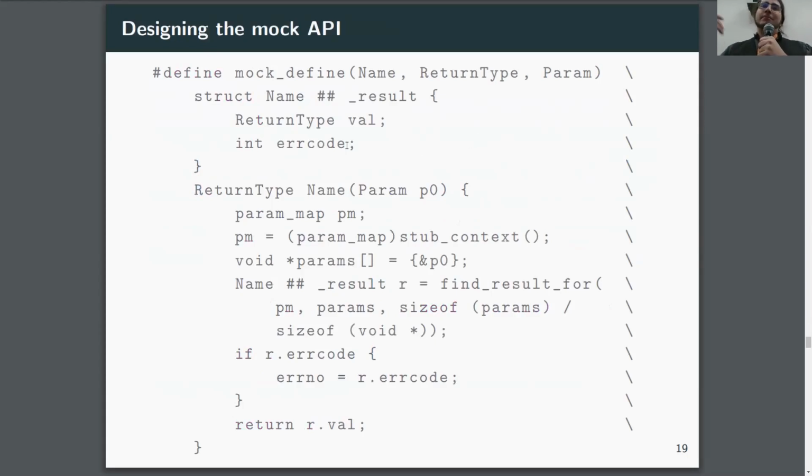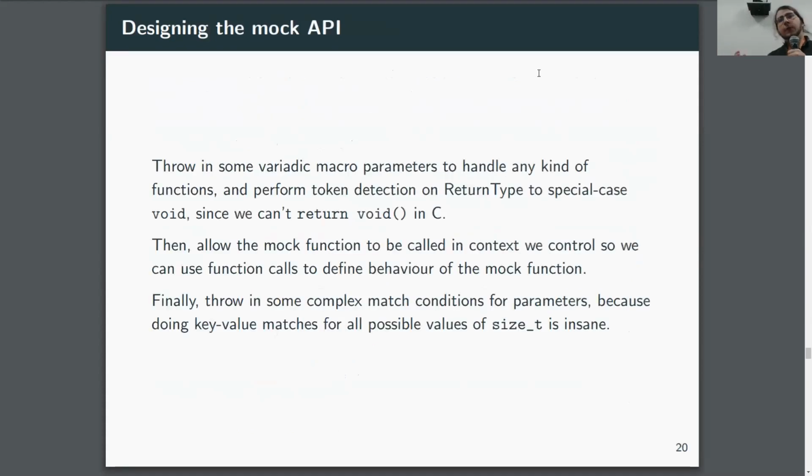So you define your types, you define your function, and then you do pretty much the same thing, but in a more generic way. But here, we're still stuck with a return type and a parameter, so we throw in some variadic macro parameters to handle pretty much any function.